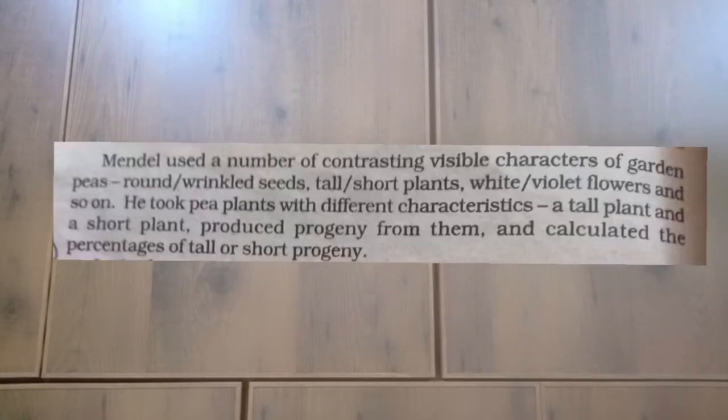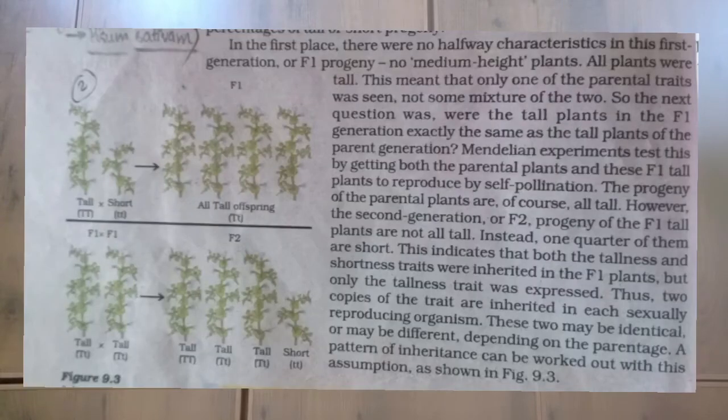Mendel took pea plants with different characteristics. A tall plant and a short plant produced progeny from them and calculated the percentage of tall or short progeny. In the first place, there were no halfway characteristics in the first generation, or we can call it F1 generation.